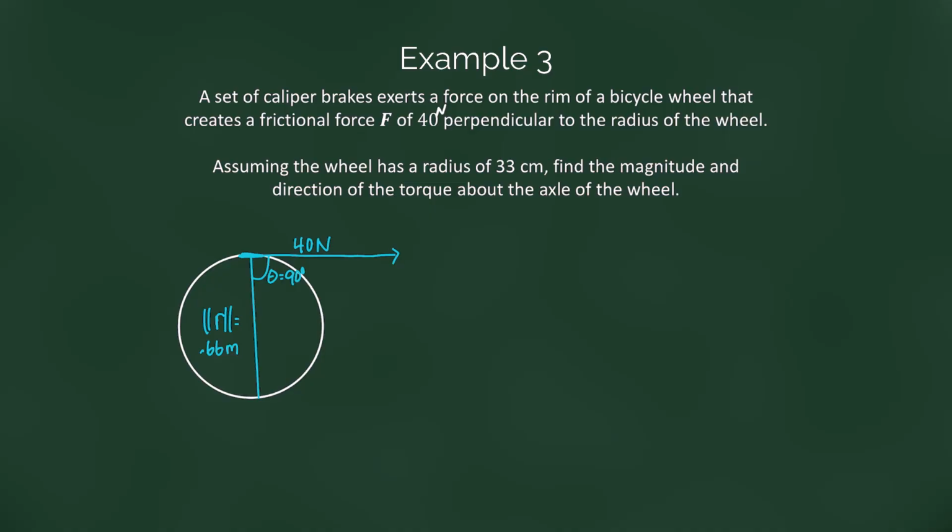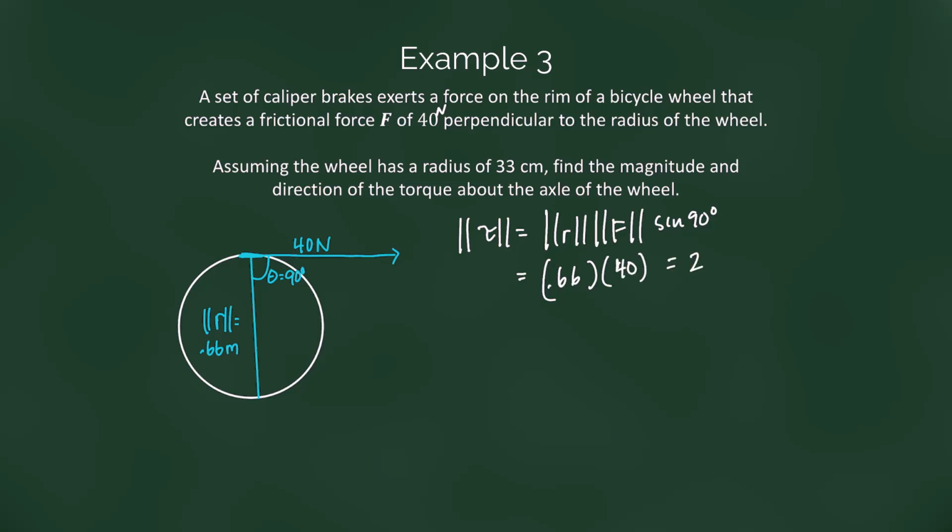So we know automatically that the magnitude of our torque is the magnitude of r times the magnitude of f times the sine of 90 degrees, which is 1. So we just get the magnitude of r times the magnitude of f. So we're going to have 0.66 times 40, which is, I believe, about 26.4.